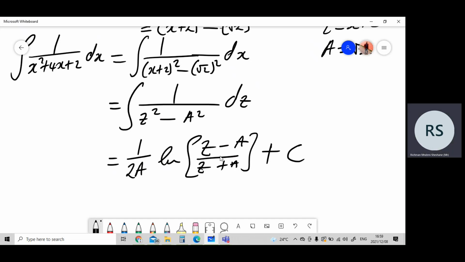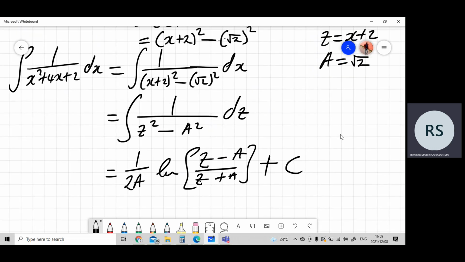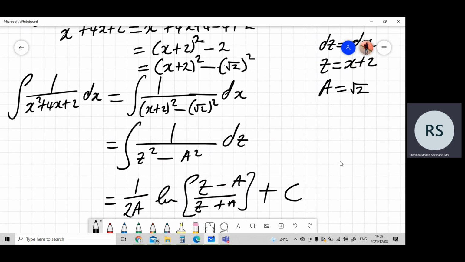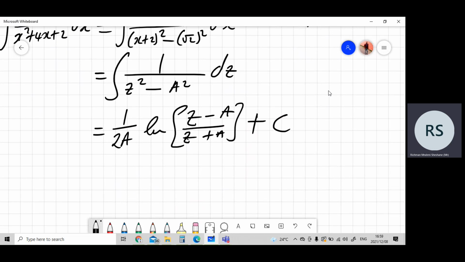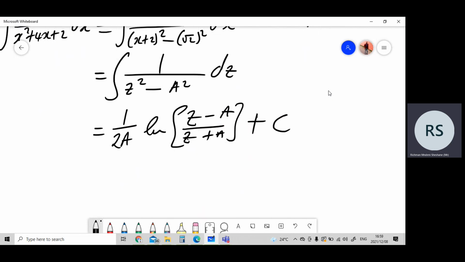So now we integrated our problem, so we need to substitute back our values of z and a because we need to see what the integral is in terms of x. So we said a is square root of 2 and z is x plus 2. Okay, let's substitute all these values here in our integral.